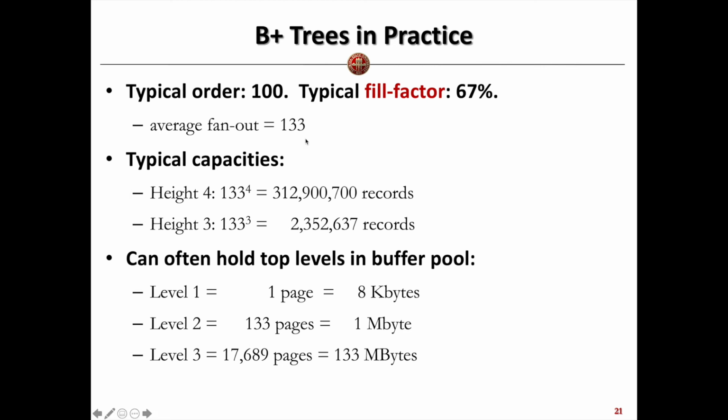And based on these typical numbers, if we have a tree with 4 levels, the maximum number of records we can store in the B plus tree will be about 133 raised to 4, right? In other words, this B plus tree can refer to a maximum of about 312 million records. And we can create so many pointers pointing to this number of records for some tuples.